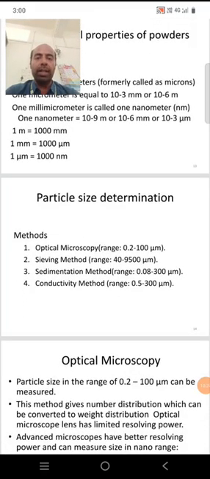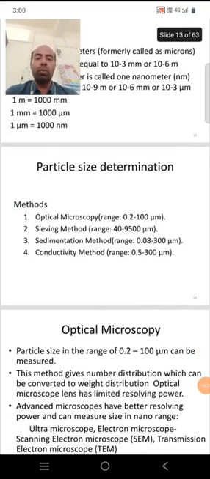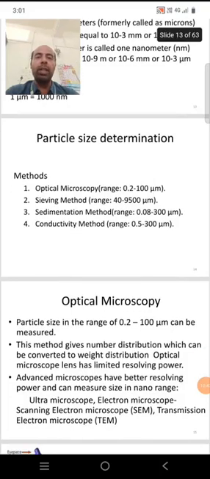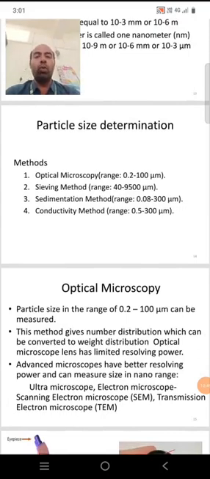Particle size determination methods use different methods: optical microscopy, sieving method, sedimentation method, conductivity method. In optical microscopy, the range of particle size is 0.2 micron to 100 micron.